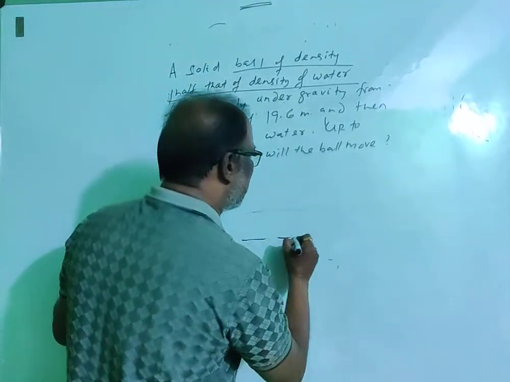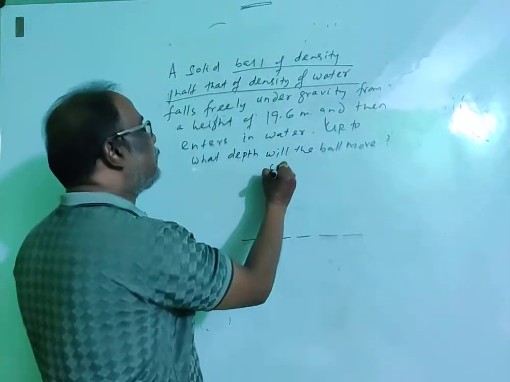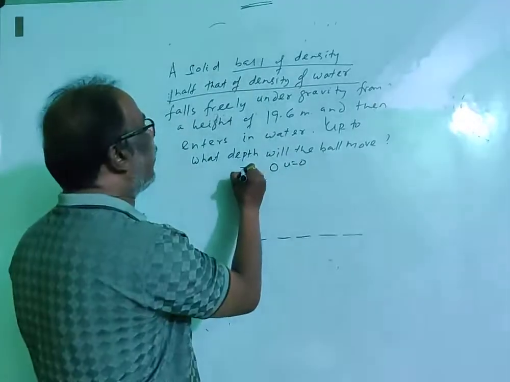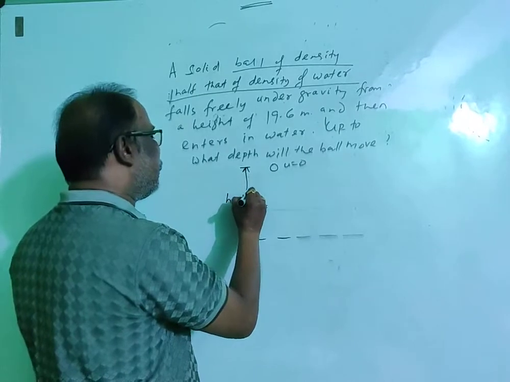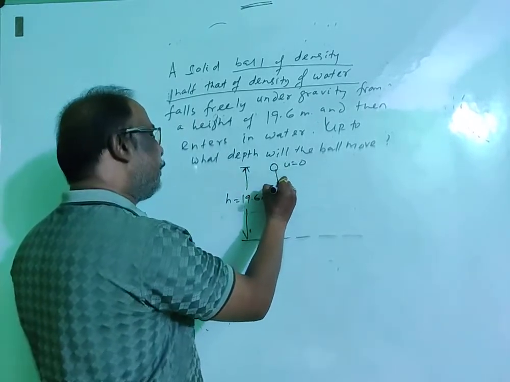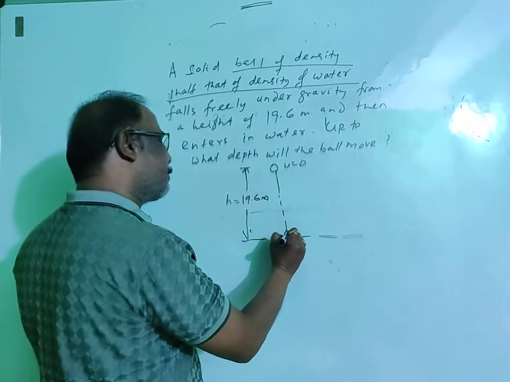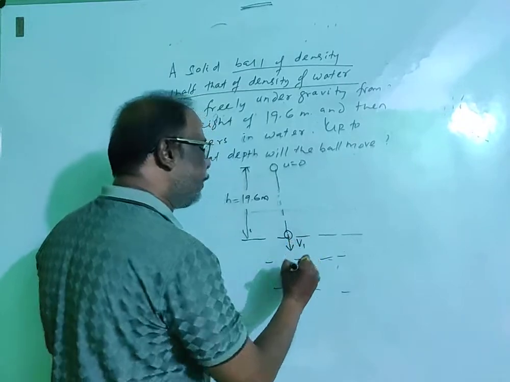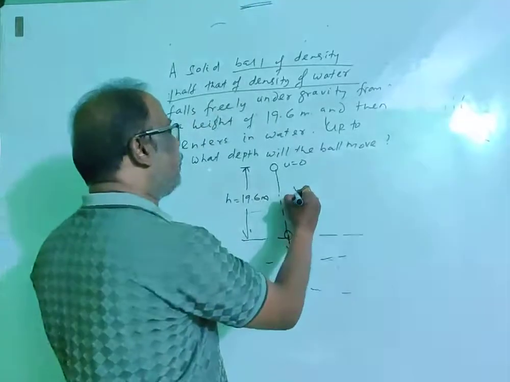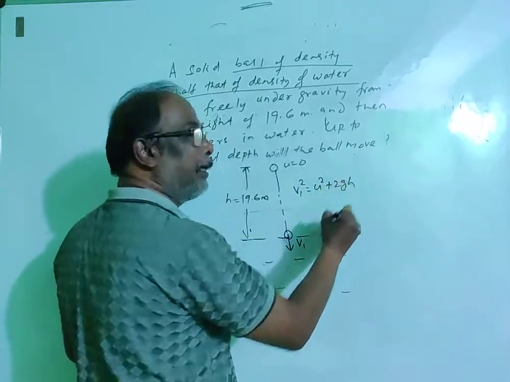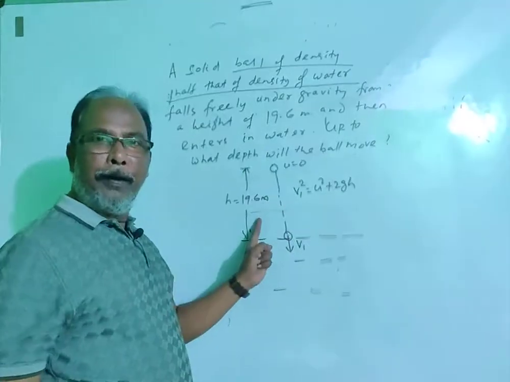See, this is surface of water. The body is dropped, means initial velocity of the body is 0. What is the height? Height is 19.6 meter. When the body is dropped, it strikes the water surface with a velocity, let V1. Then V1 square is equal to U square plus 2GH, motion under gravity.